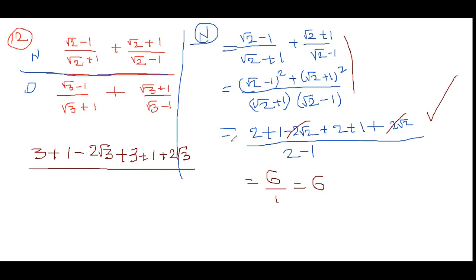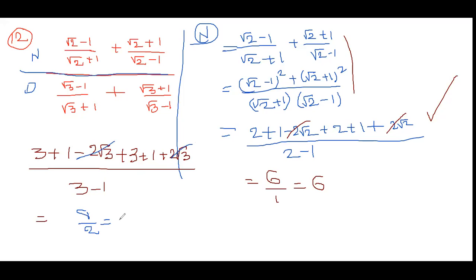And the denominator is a plus b into a minus b, a square minus b square. A square value is 3 and b square value is 1. So in this particular case, you can cancel these two terms, minus plus. 3 plus 1 is 4, 4 plus 3 is 7, 7 plus 1 is 8 by 2.